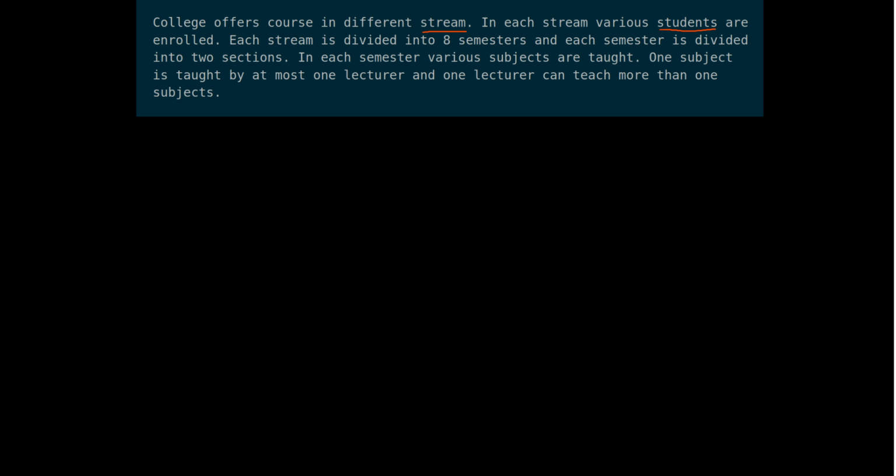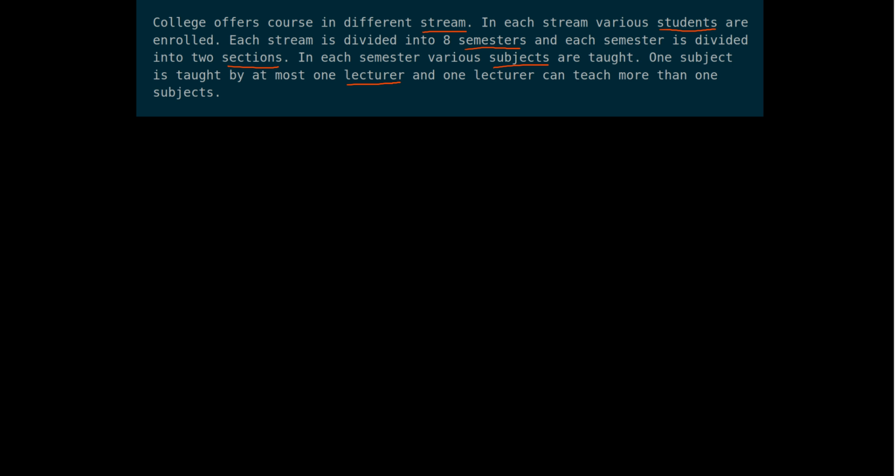Each stream is divided into 8 semesters and each semester is divided into 2 sections. So this is another entity. In each semester, various subjects are taught. Again, subject is an entity. One subject can be taught by at most one lecturer. Again, lecturer is another entity, and one lecturer can teach more than one subject.